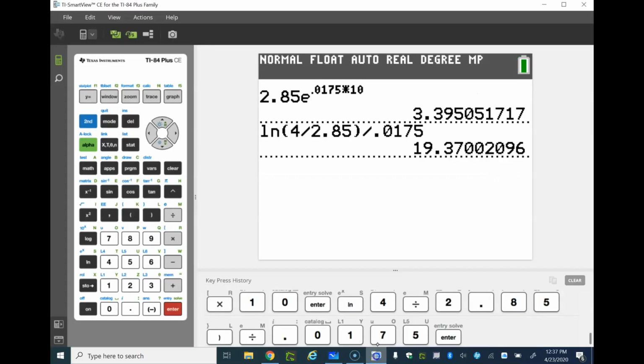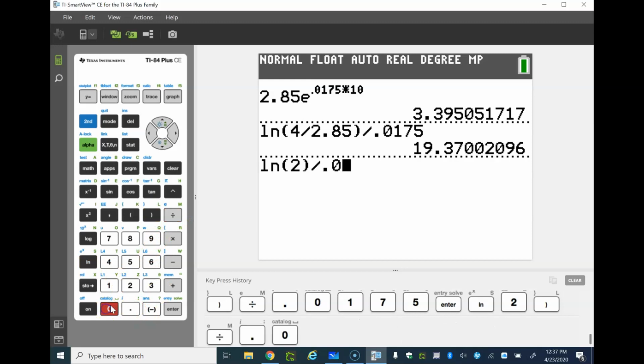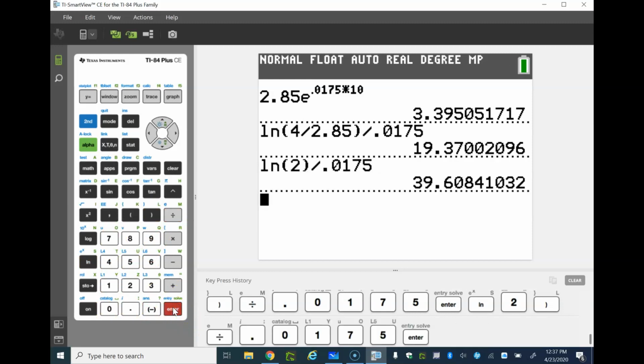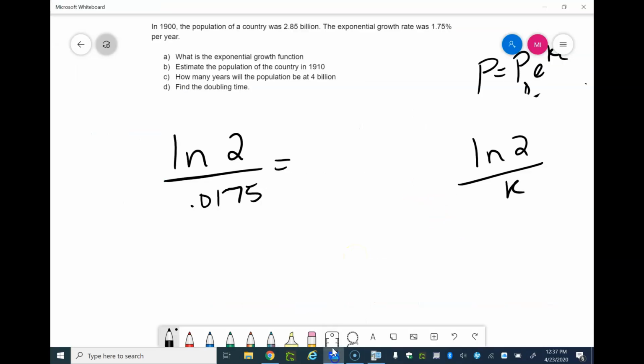Let's go back to the calculator: ln of 2 divided by 0.0175, and it's going to be 39.6. So the doubling time is going to be 39.6.